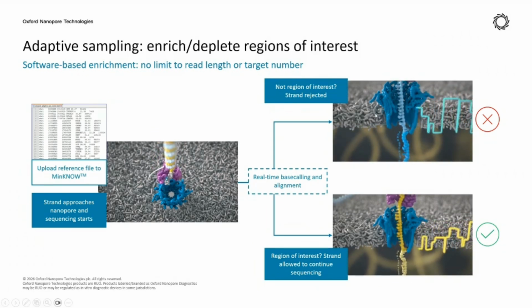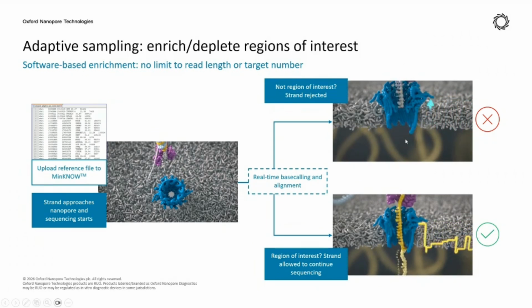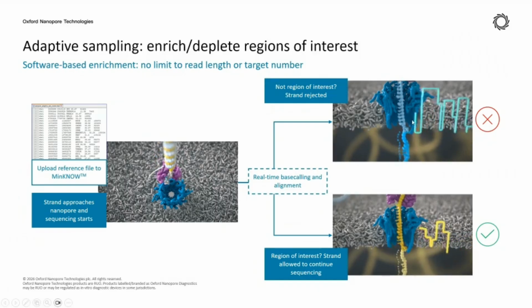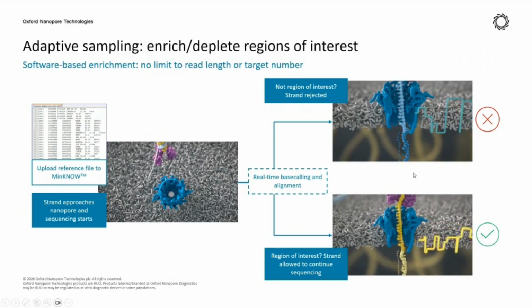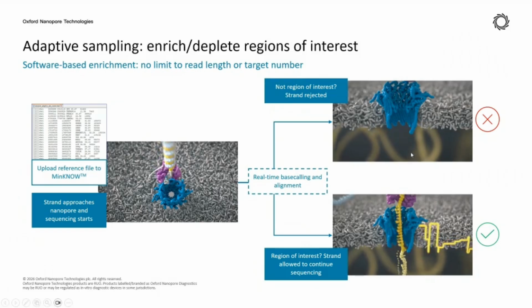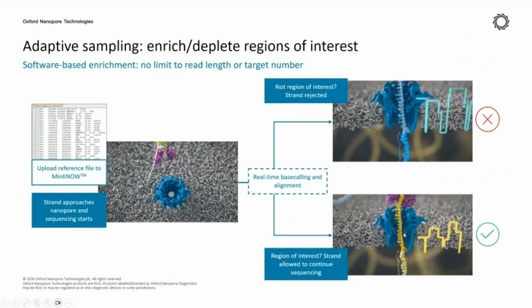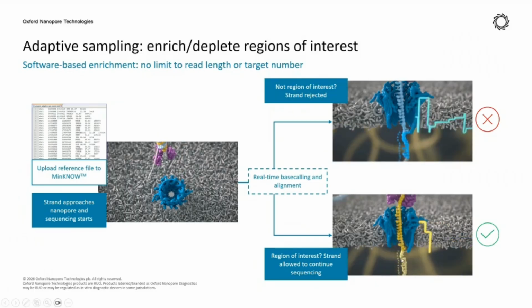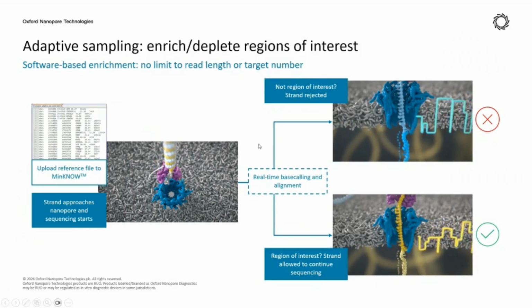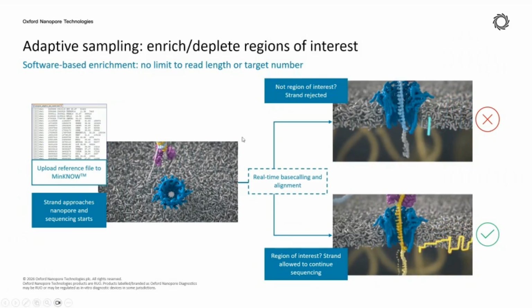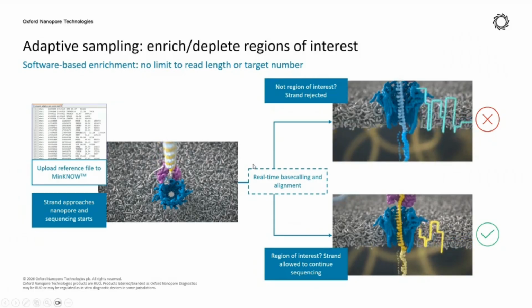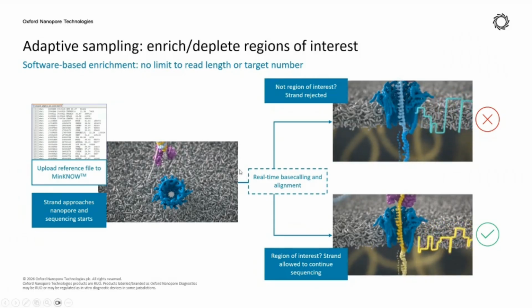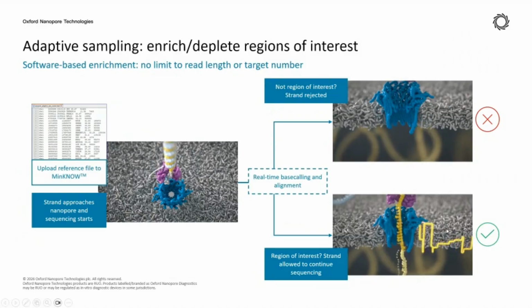If it's not our target, it will eject the strand from the pore and then wait for the next strand to pass through. If the molecule passing through is our target, then the sequencing will proceed to obtain the sequence data. So this is adaptive sampling, which is very unique in nanopore sequencing. At the moment, I think it's not seen in other technologies yet.